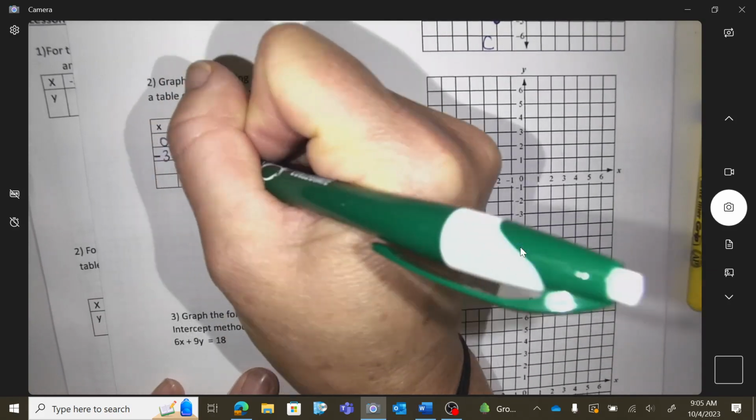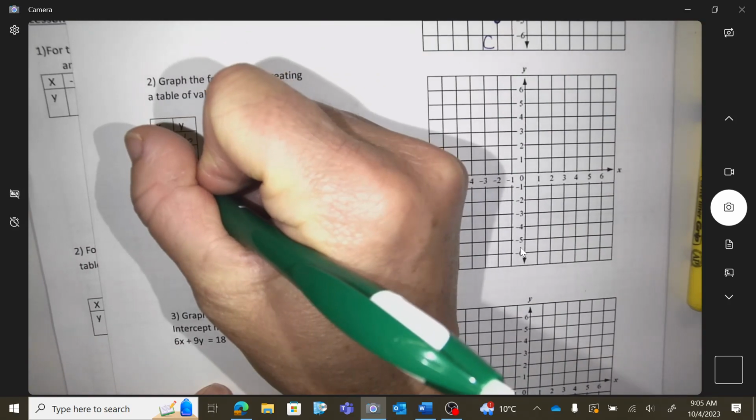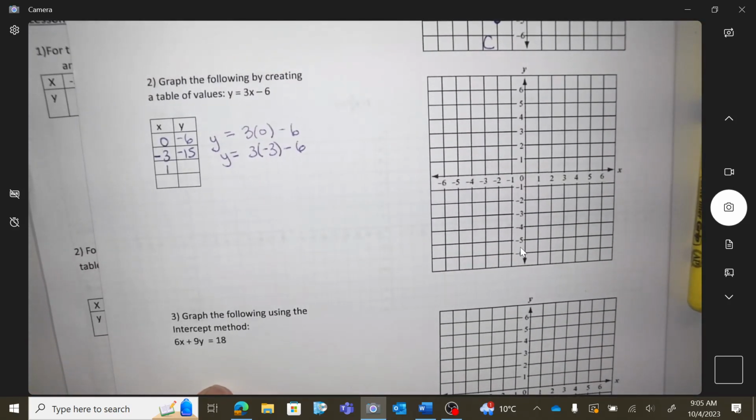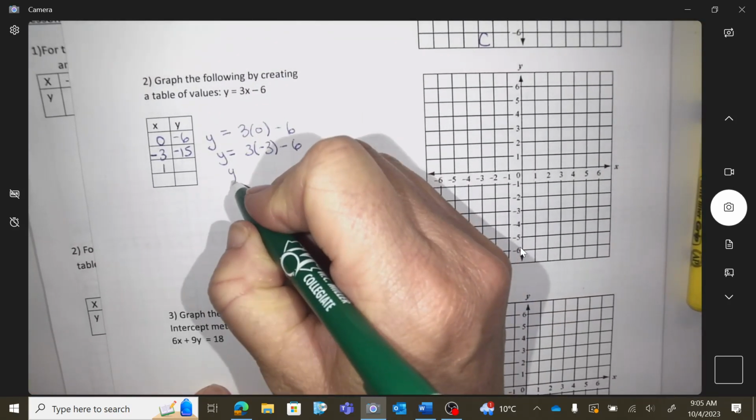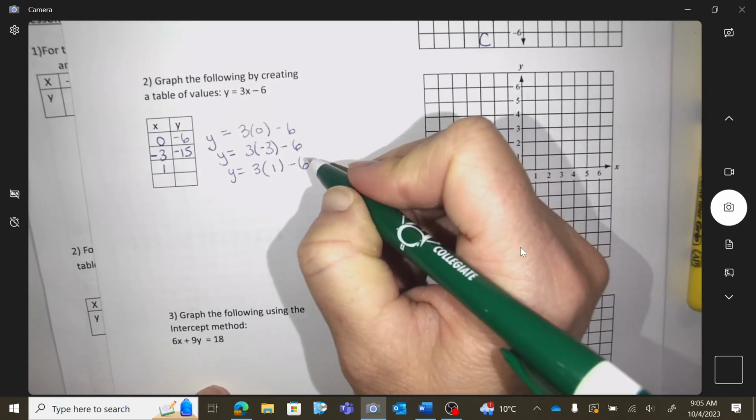So that'd be negative 15, which probably wasn't a very good pick by myself because now that's not really on my graph, but that's okay. Let's go 1. 3 times 1, subtract 6.